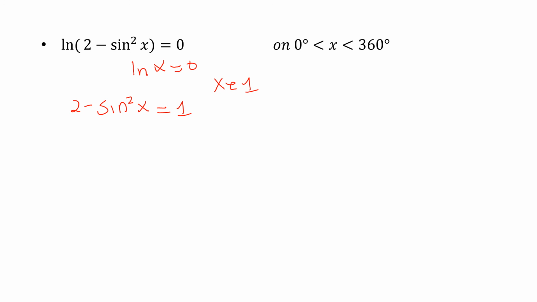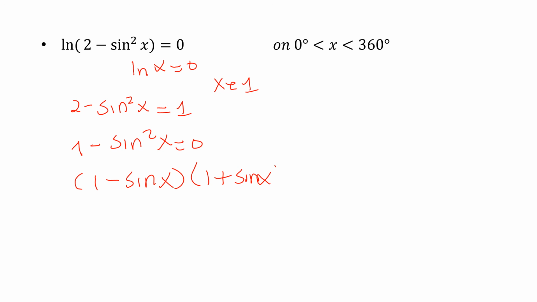When we subtract 1 on both sides, we have 1 minus sine squared x equals 0. And this is a difference of squares, so we have 1 minus sine x times 1 plus sine x equals 0. We make sine the subject, so sine x equals 1, or sine x equals negative 1.